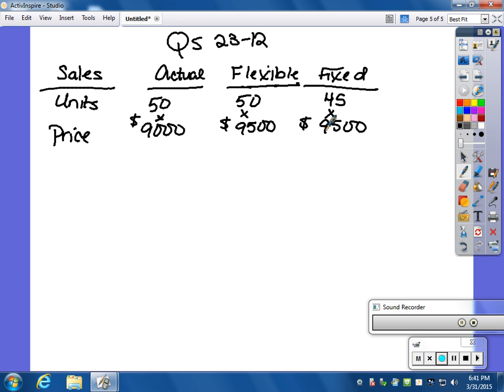The reason why we use 45 for fixed, obviously, is because it's budgeted for that in the first 6 months. That was just the standard amount, right? But why do we know to use 50 units for flexible? I want you to read in the flexible section and tell me why we know to use 50 units.